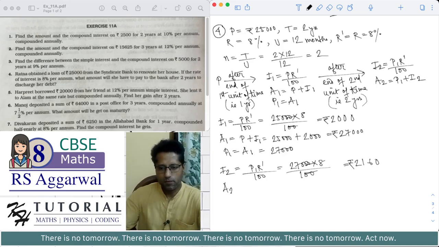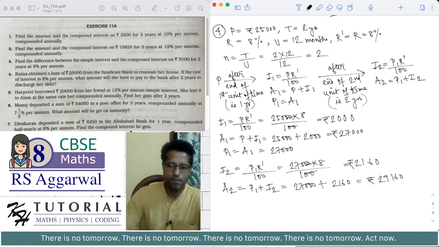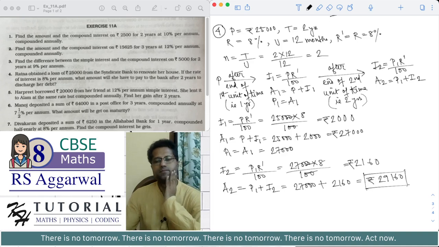A2 amount will be equal to P1 plus I2. P1 is 27,000 and I2 is 2160. This is equal to rupees 29,160. So this is the amount that Ratna needs to pay back to the bank after 2 years.